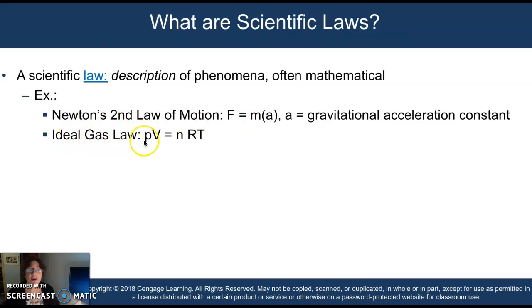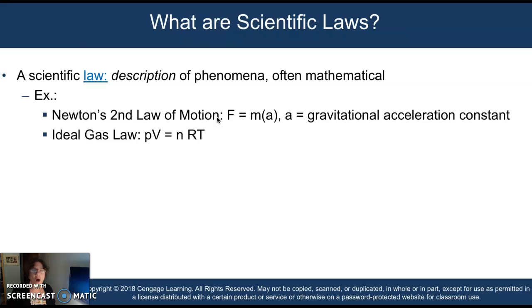And in meteorology, we use the ideal gas law, which is a mathematical description of what happens when you blow up a balloon. Okay? So it's describing the phenomena of blowing up a balloon and then maybe letting it go and it goes darting all around the room. It's a mathematical description, pressure times volume equals number of moles of a gas times a constant times temperature. If you're in my meteorology class, you'll learn all about it.